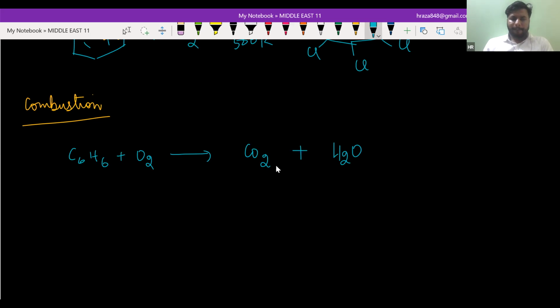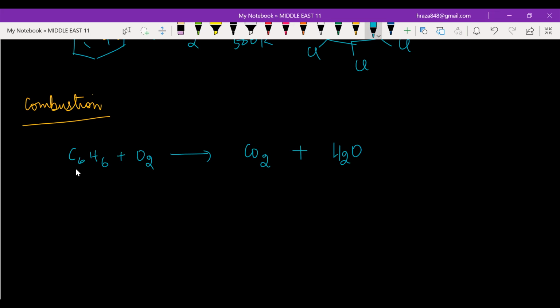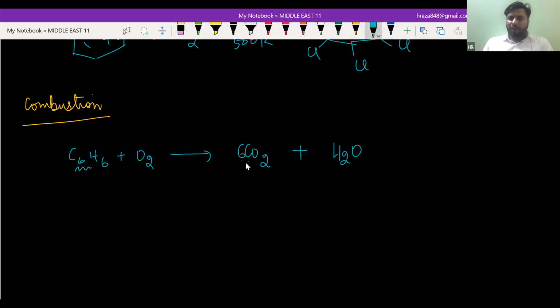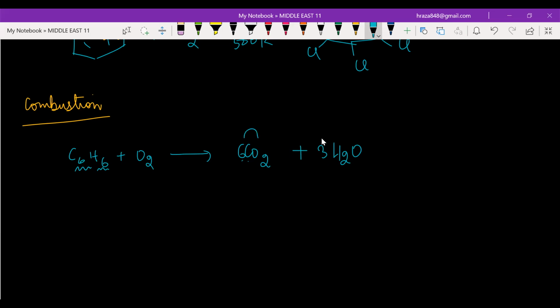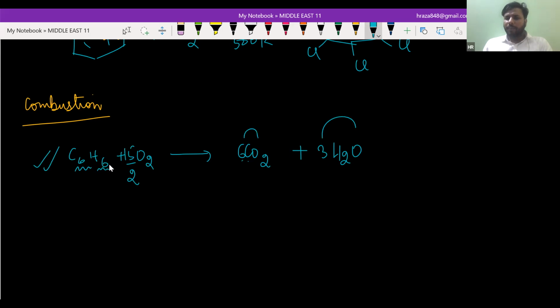Krishna, you can see 6 carbon is here, so you have to multiply it by 6. Now count hydrogen. 6 hydrogen, so 3 into 2 will be 6 hydrogen. Now count oxygen on the right hand side. 6 into 2 is 12, and 3 is 15, so 15 by 2 O2. This will be the combustion of benzene.